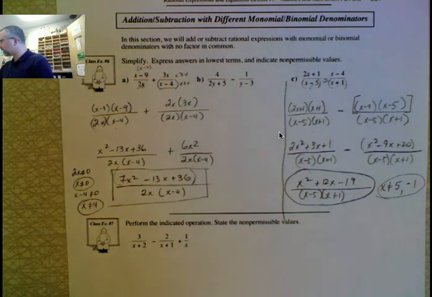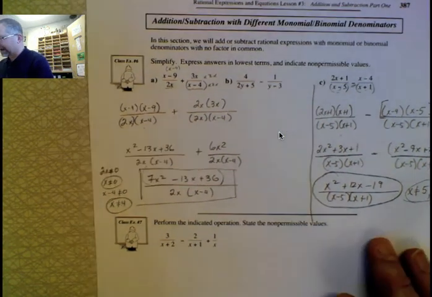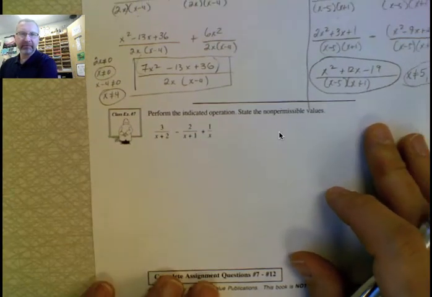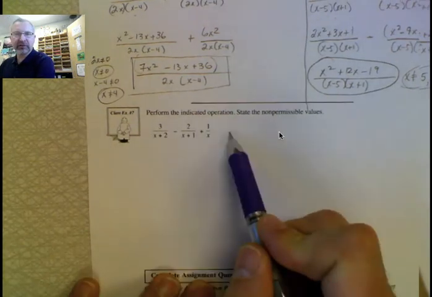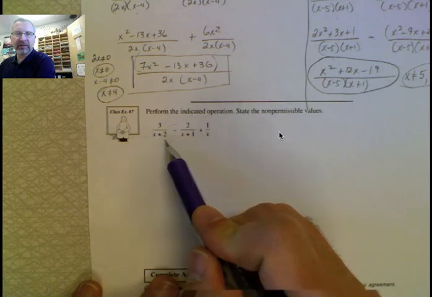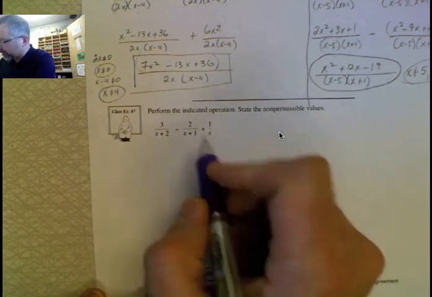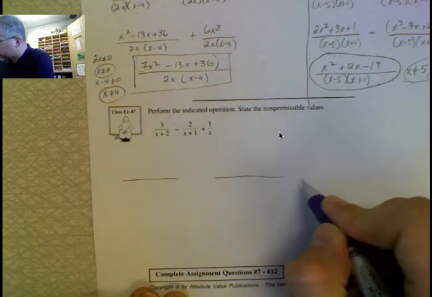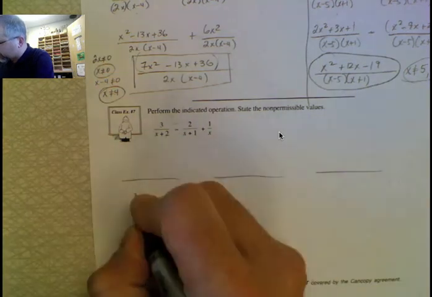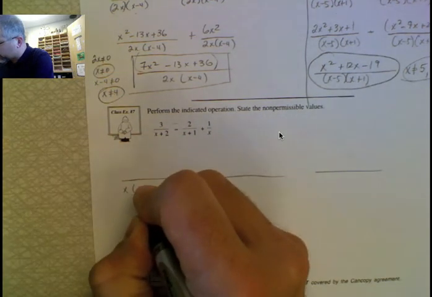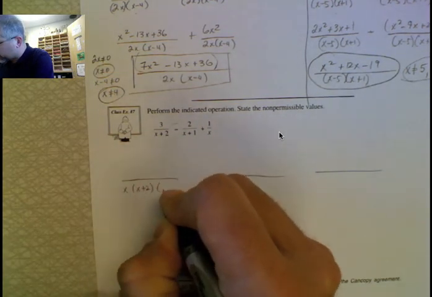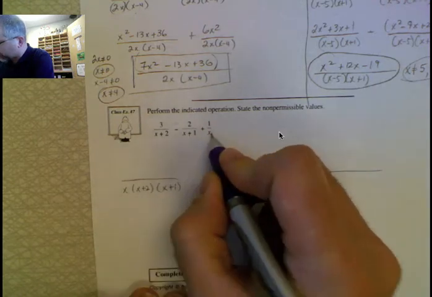All right, let's look at our last example here. It has 3 fractions in it, and we have 3 different denominators. So what we have to do when we make up our common denominators here is our common denominators have to include the x plus 2, and the x plus 1, all 3 of those things.